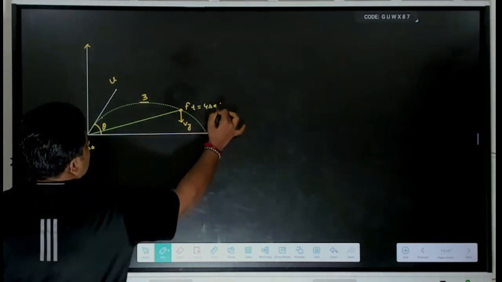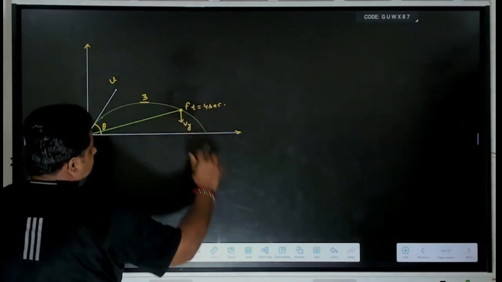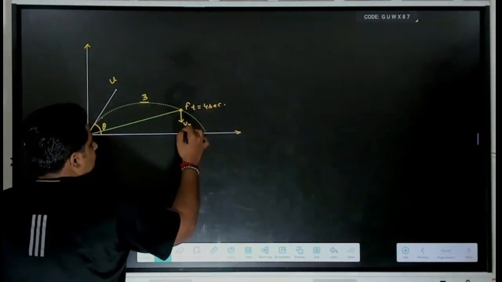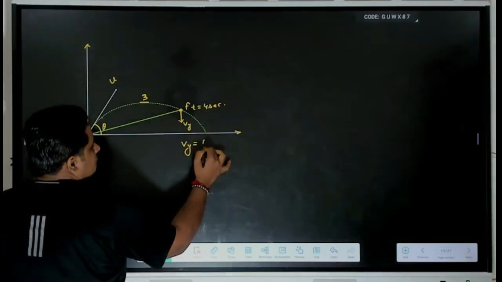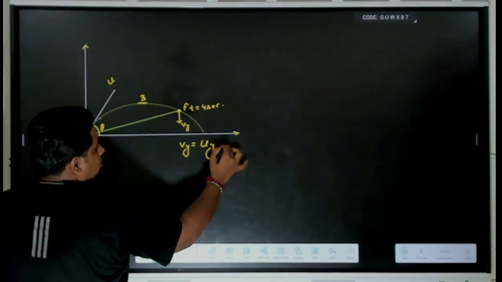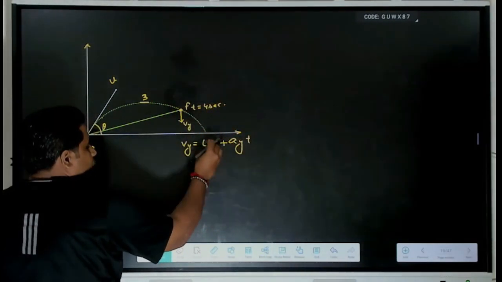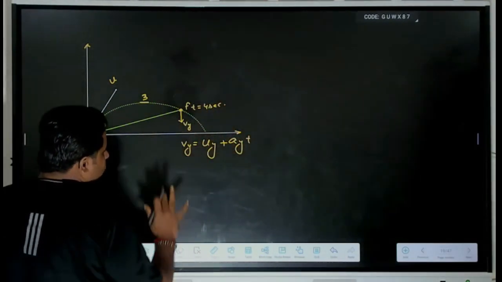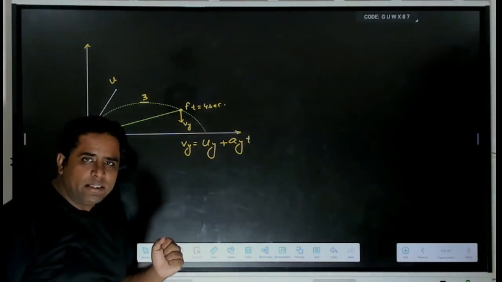Considering the example of t equal to 4 seconds, the velocity will be Vy equals Uy plus Ay t. Time has been given, Uy you know, Ay is minus g. You can find out the value of velocity very easily.